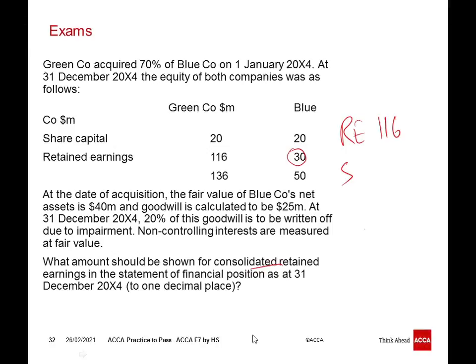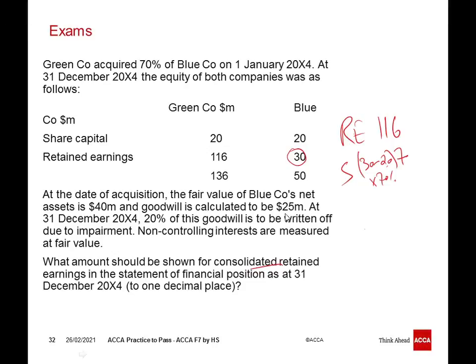And at the date of acquisition, it will be 20. So by taking 70% of this figure, you got the value of 7 here.